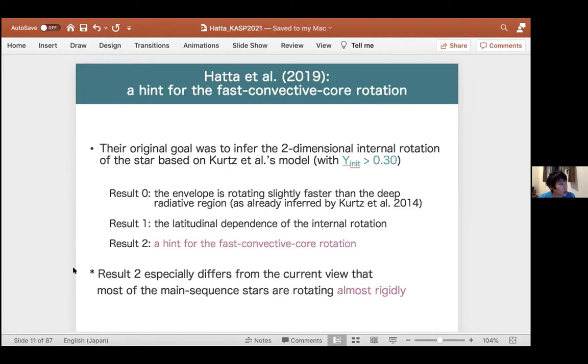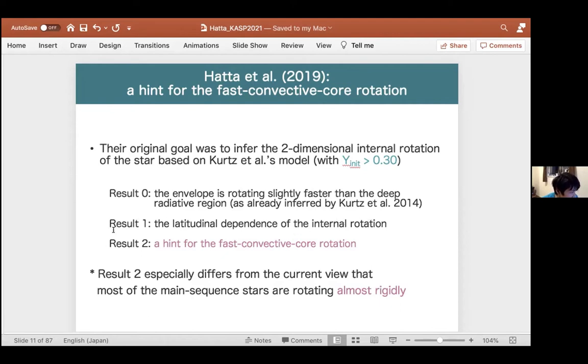Another point relates to the internal rotation of the star. Hatta et al. 2019 inferred the two-dimensional internal rotation of the star based on the previous high initial helium abundance model. They confirmed Kurtz et al.'s result, and they also found the latitudinal dependence of the internal rotation for the star.